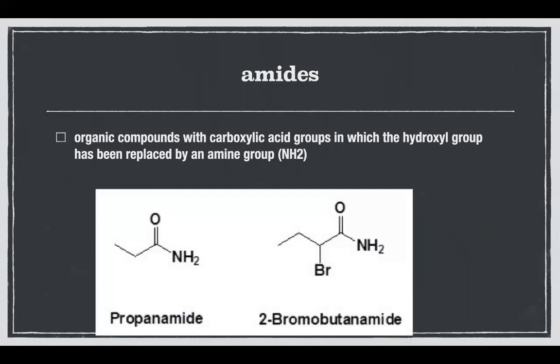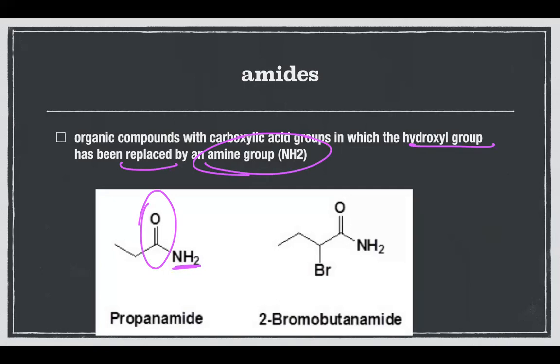And finally, we have amides. Now, amides is where the entire hydroxyl group is replaced by an amine group, which is NH2. So if you see double bond O and then you've got an NH2 at the end, that is an amide.